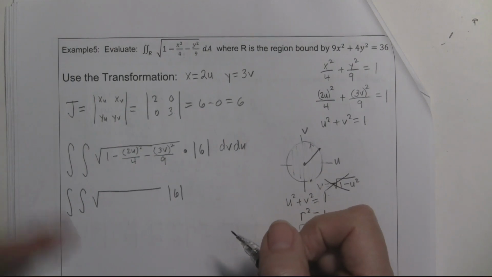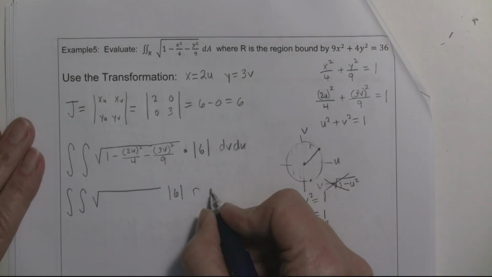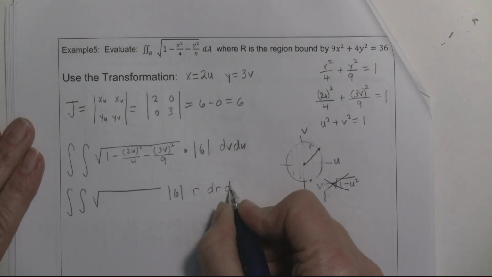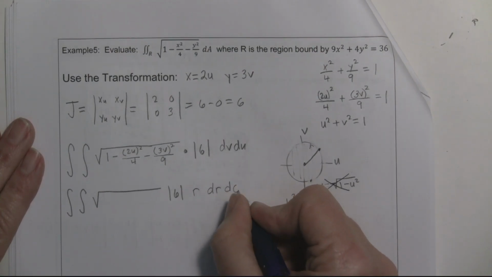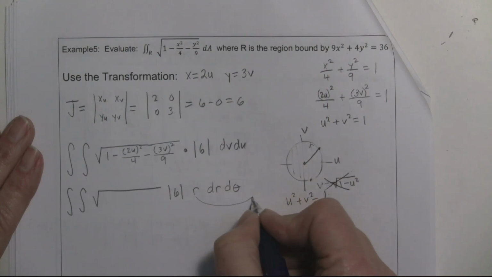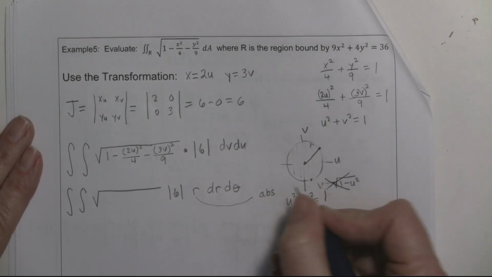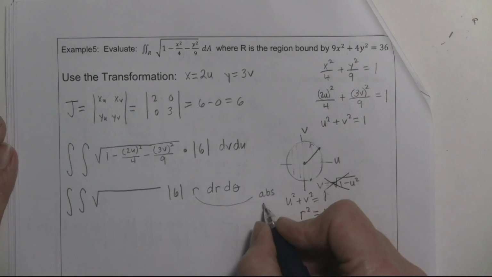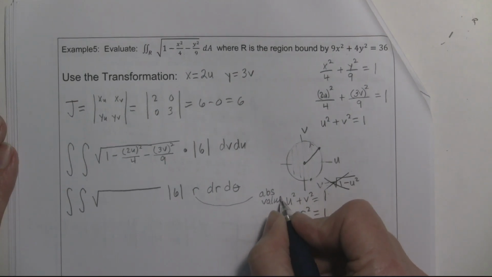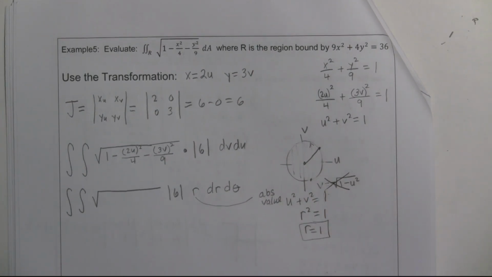It's r d theta. Now, if you're wondering why I don't put absolute value around the r, I hope that you're yelling at the screen. The reason I don't have to do that, and we never mentioned it before, is because r is a positive value.